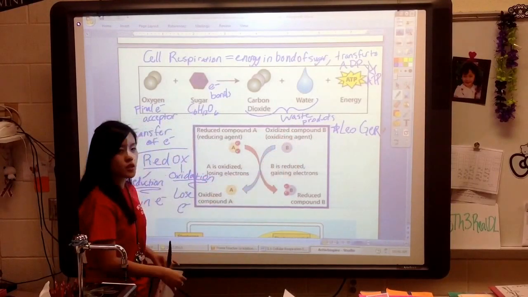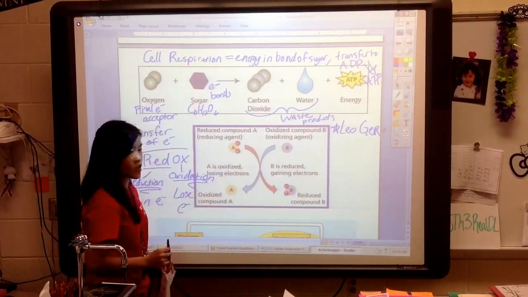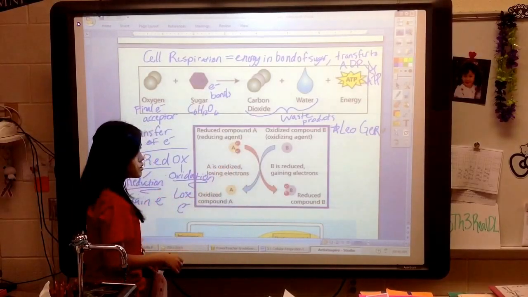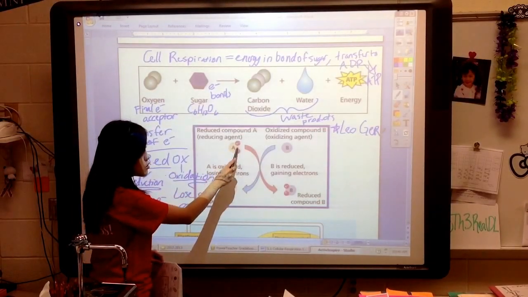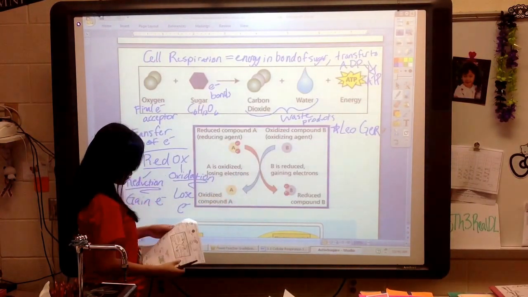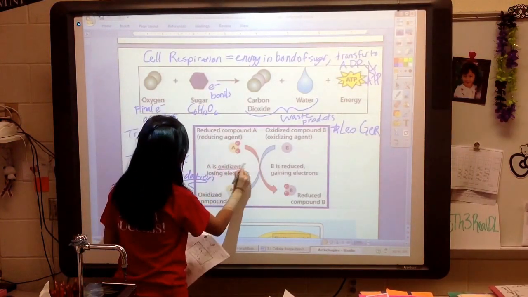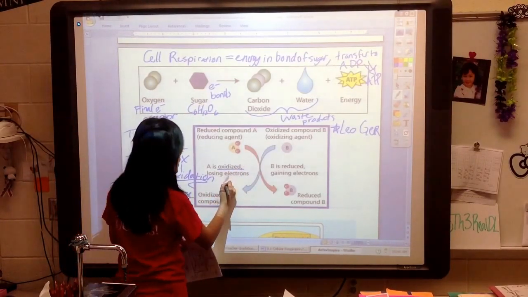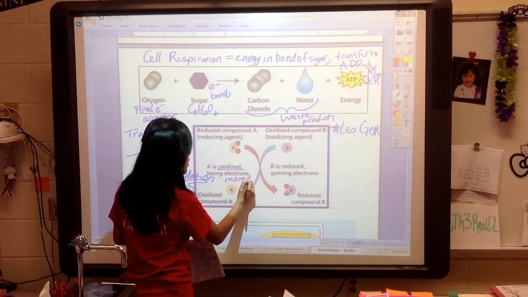What we want to really look at are the pictures and what they're showing us. On the left-hand side, you have this A molecule, and it is actually losing its electrons at the very end. Because it is losing its electrons, it's being oxidized. And when it loses electrons, it actually becomes more positive.